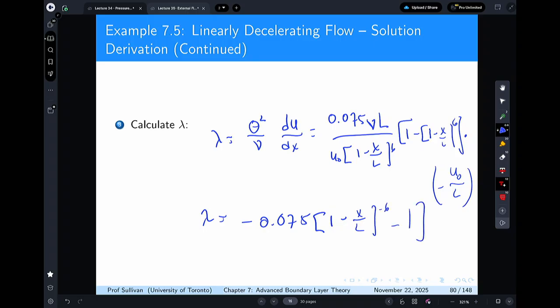So you have a value for lambda, which is that parameter that we're interested in looking for in terms of separation.